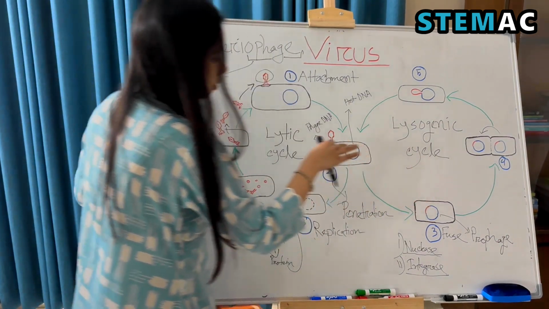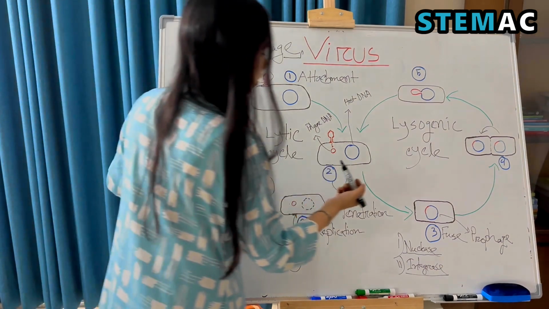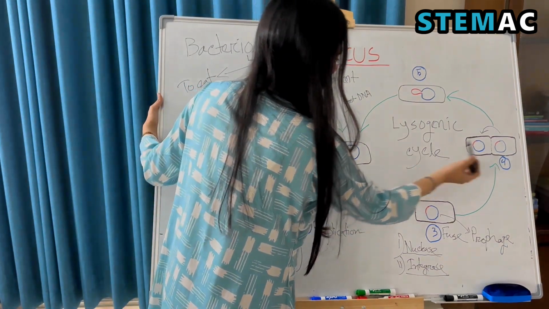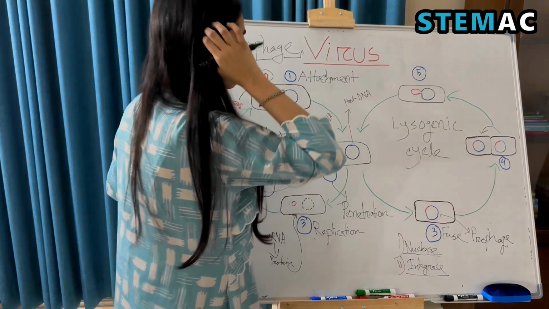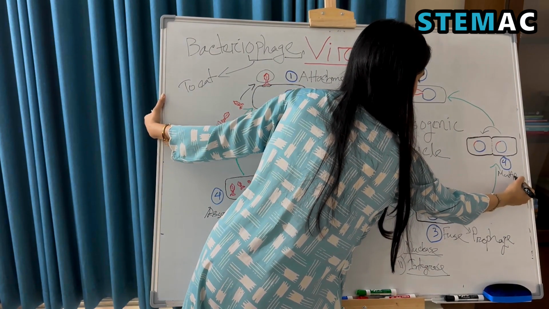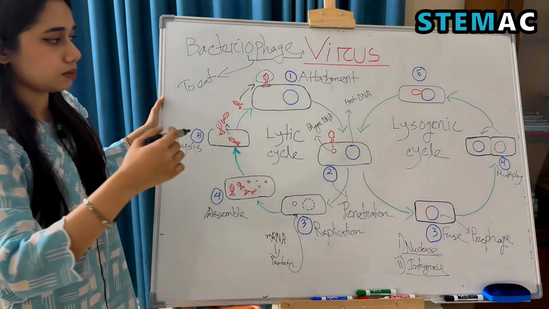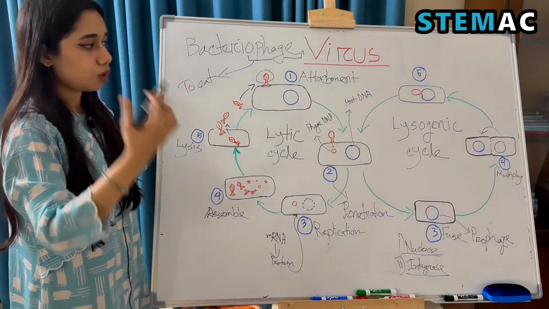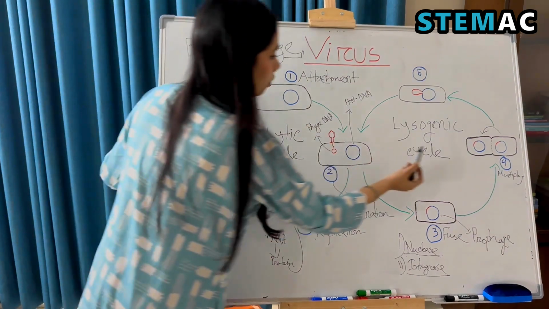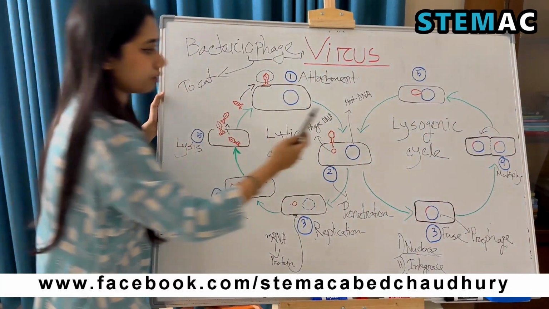So now the viral genome is inside of the bacterial DNA, and in the fourth step, multiply or division, as the bacteria multiplies itself, it will also make a copy of that viral genome. So every time they're multiplying, they're making a copy of that viral genome.